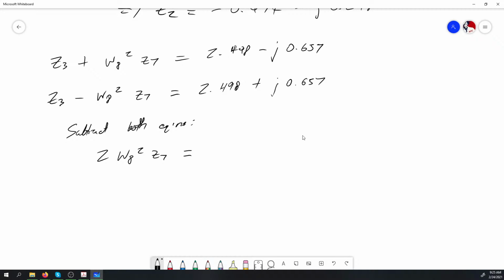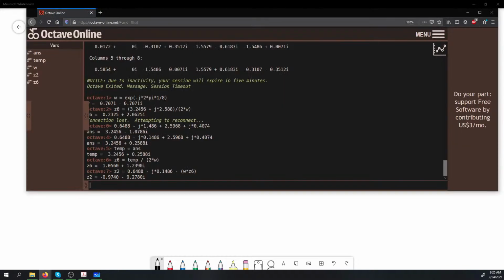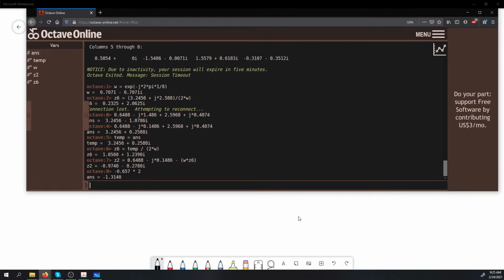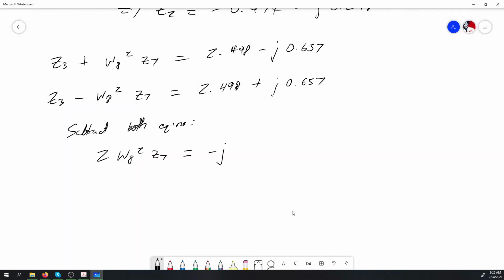But it's going to be minus, so it's going to be minus j of 0.657 by 2. Let's just put this in. Minus 1.314. Correct. So then we can calculate out for Z7 here.